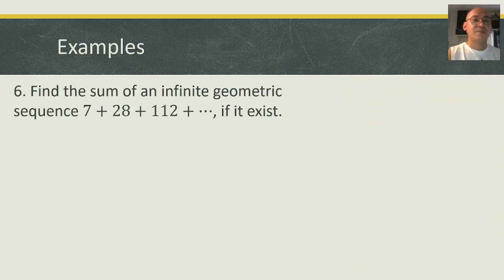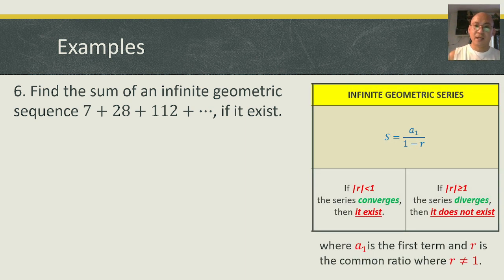Another example, number 6. Find the sum of an infinite geometric sequence, 7 plus 28 plus 112 plus and so on, if it exists. Actually, this is a geometric series already. So, infinite formula. So, very basic. Let's just know what is the value of r, so that we can check its absolute value, whether it is greater than or equal to 1 or less than 1.